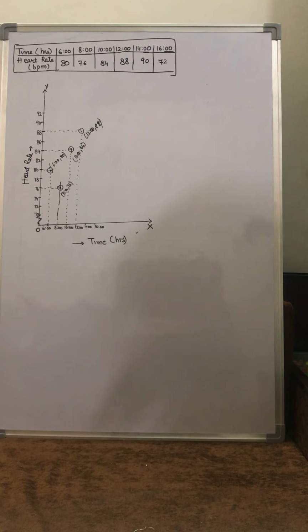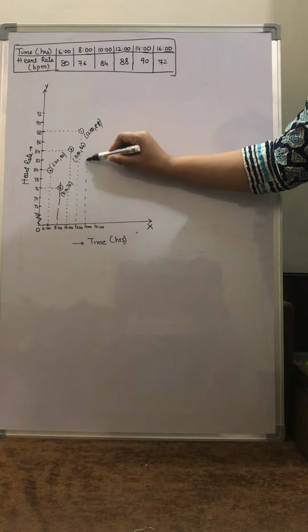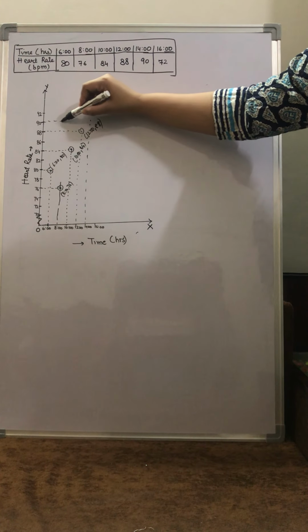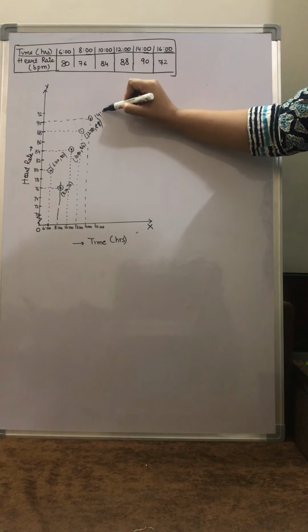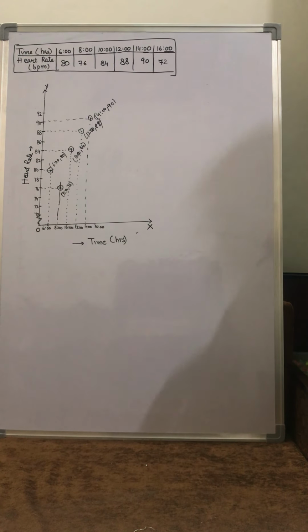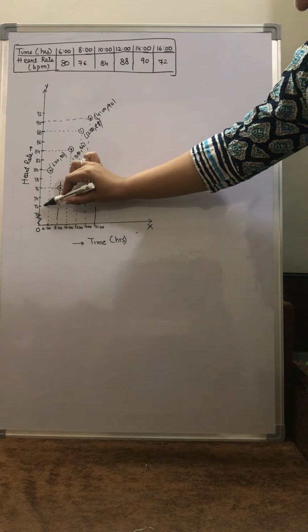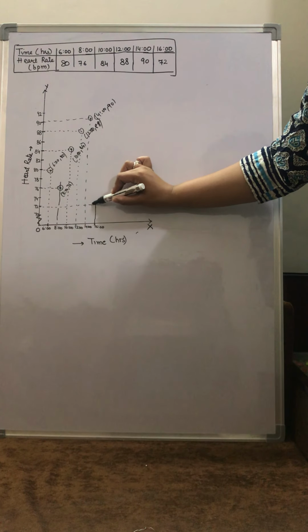The next one is 14 and 90. 14 and from here 90. And the last one is 16 and 72. 16 and 72.